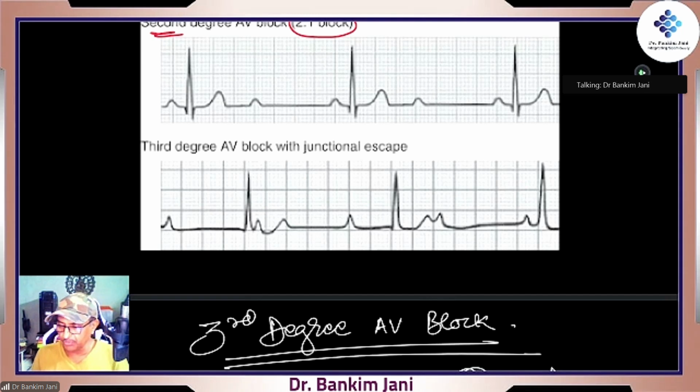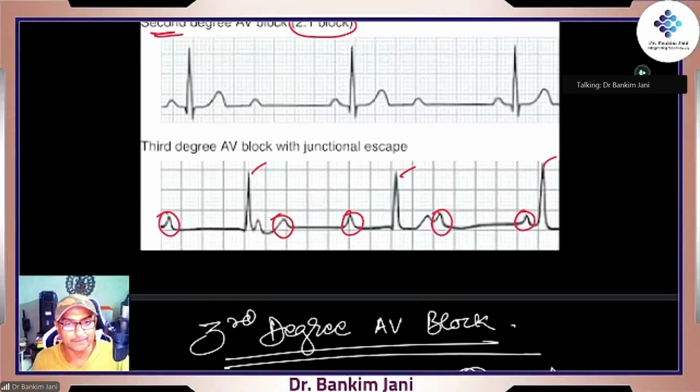First, we'll focus only on the P wave, right? Here is a P wave. Here is a P wave. Here is a P wave. Here is a P wave, right? You'll find that these are the P waves. But what about QRS? That's the QRS. That's the QRS. That's the QRS.